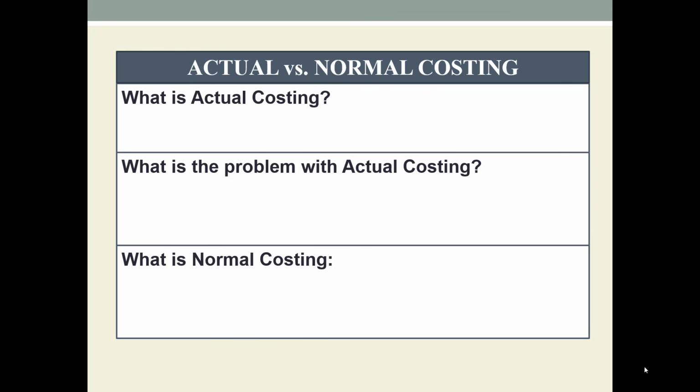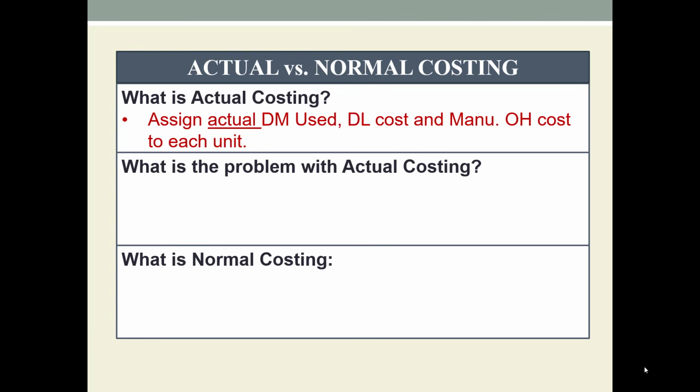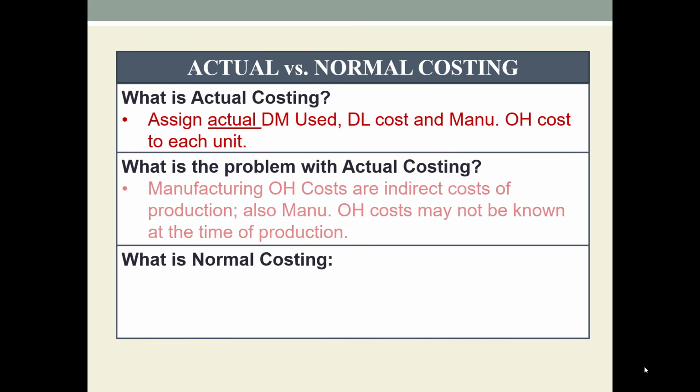Now, we need to compare actual versus normal costing. Actual costing would be a situation where you assign actual direct material used, actual direct labor cost, and actual manufacturing overhead cost to each unit. And that sounds logical. It sounds like what a company would do. But there is a problem.